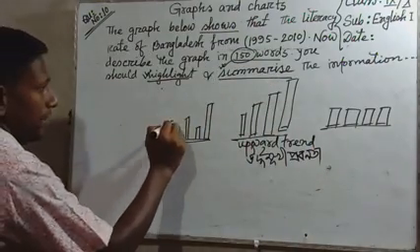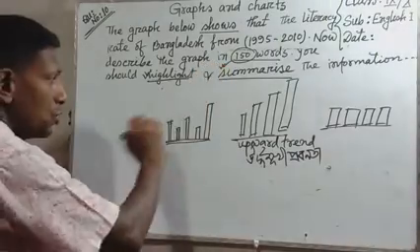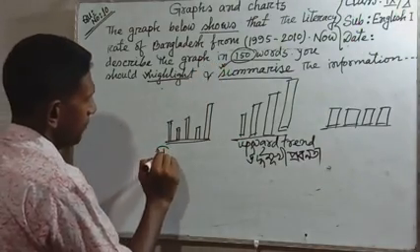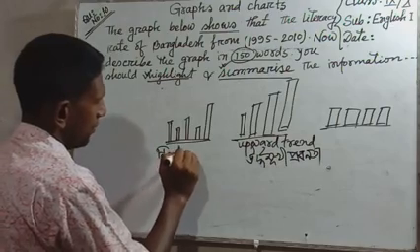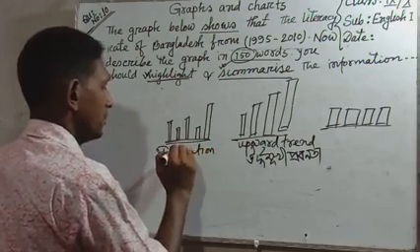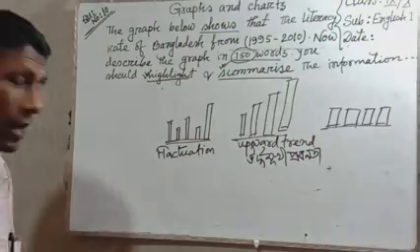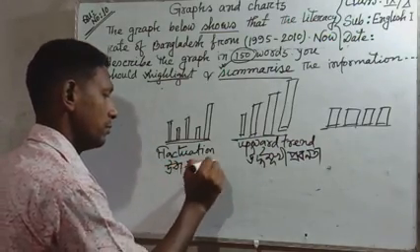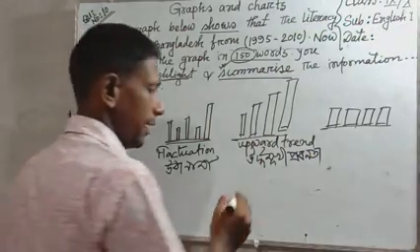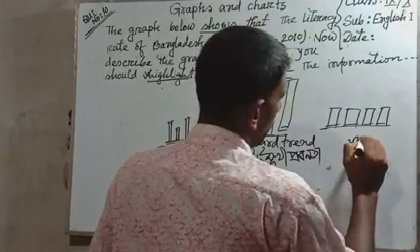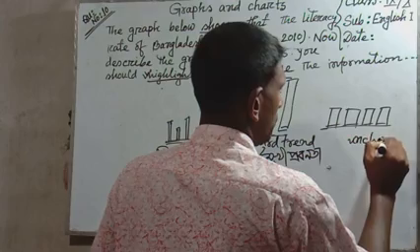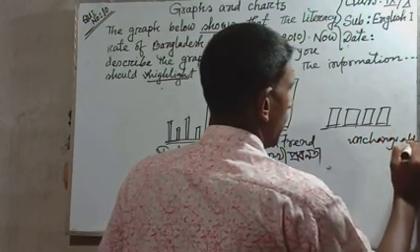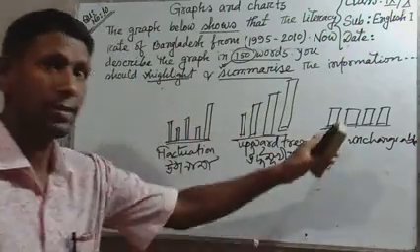That is called up, down, up, down, up. So that is called fluctuation. On the other hand, that is unchangeable.